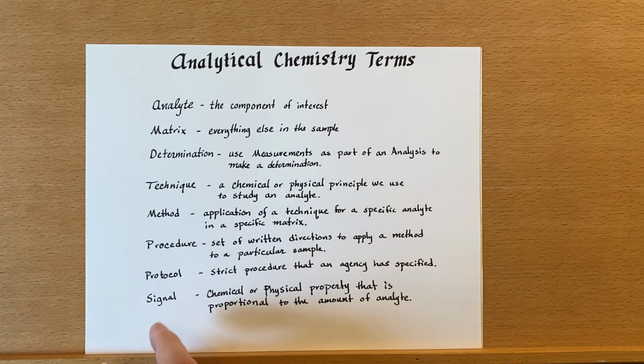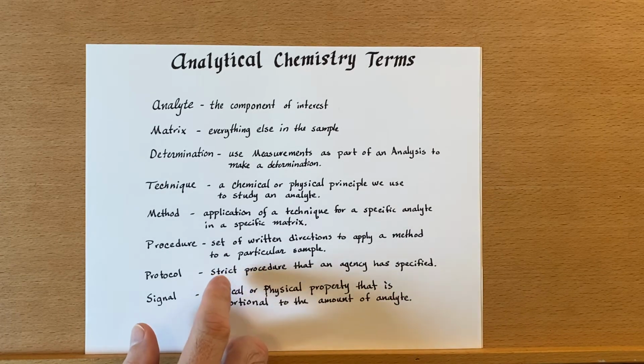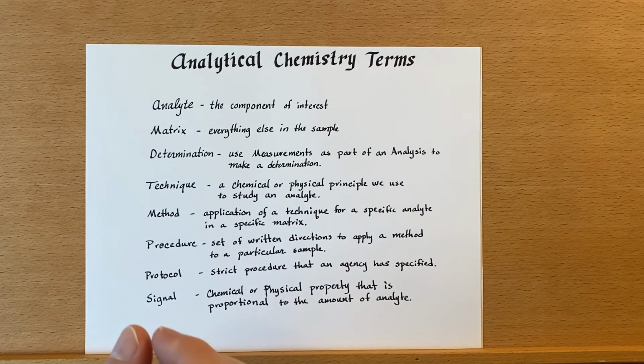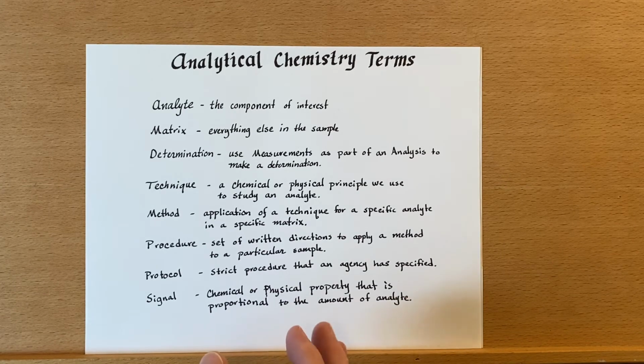And then we can even go down to protocols. Now, protocols are very, very specified, so that they're very strict, so that a particular analysis will give a certain result that would comply with a law or a regulation. These are often written by federal agencies, such as the Environmental Protection Agency, EPA, or the Food and Drug Administration, FDA, for particular analysis.